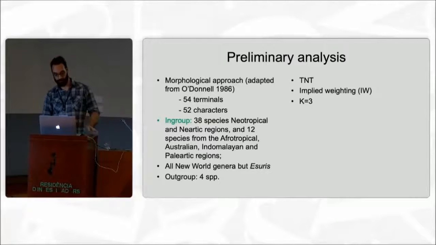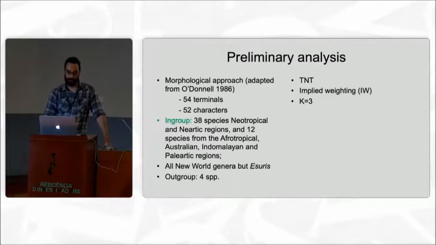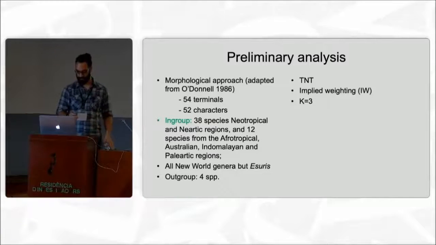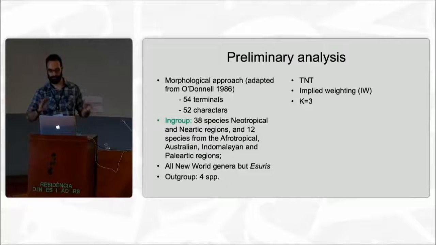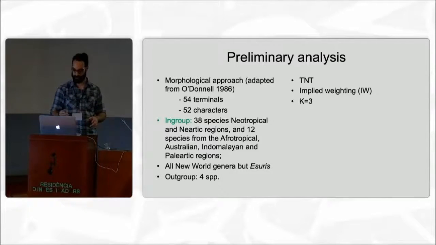We had all the New World genera but Isyrus. And the outgroup was 4 tribes other than the Lithians. We did that just to see if they have a different pattern between Old World and New World, and the 1 patch and 2 patches.